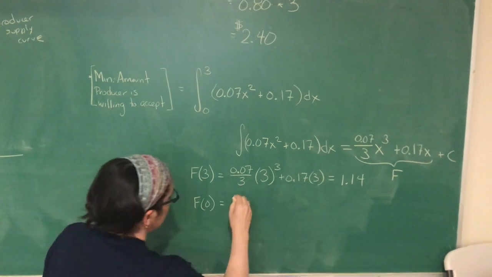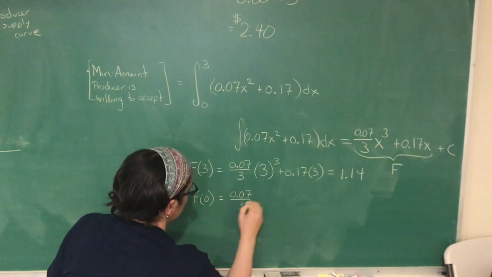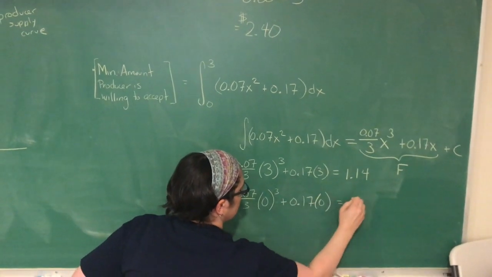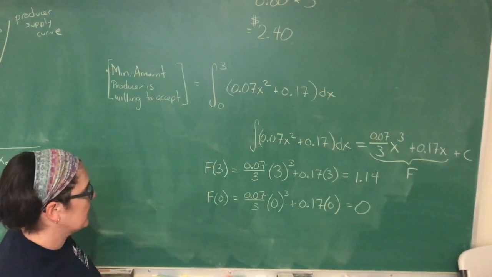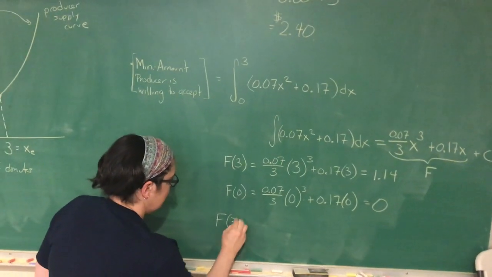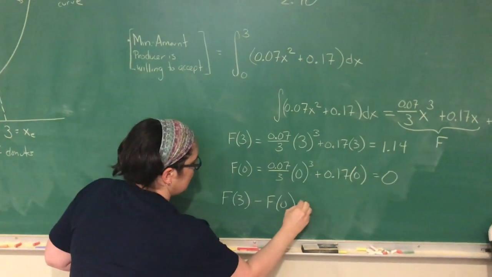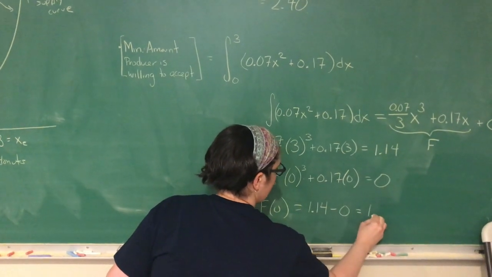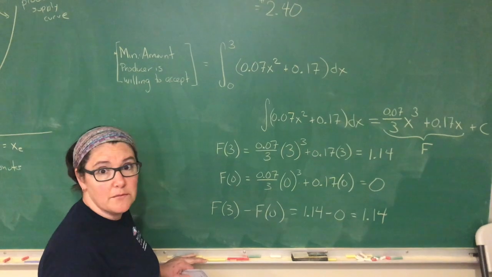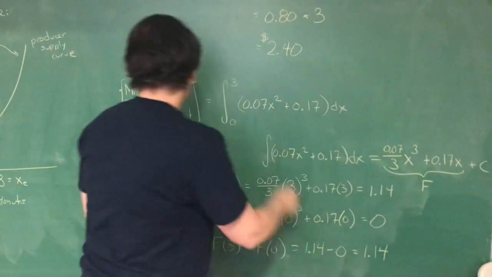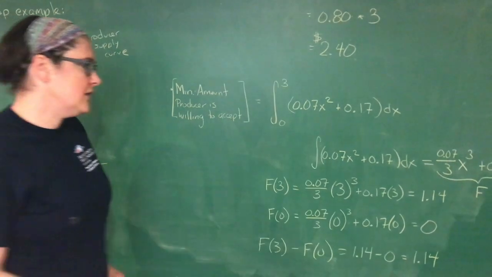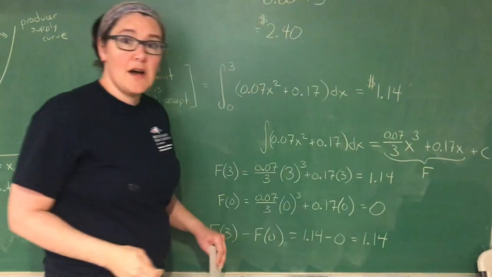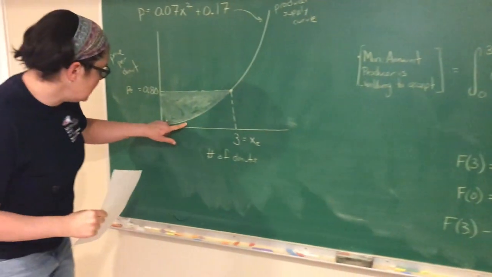Capital F of 0 will be 0.07 over 3 times 0 cubed plus 0.17 times 0. That gives me 0. So now I subtract capital F of 3 minus capital F of 0, and I have 1.14 minus 0, which is 1.14. Okay, so the minimum amount the producer is willing to accept for those 3 donuts is $1.14. So that is this lower triangular area.